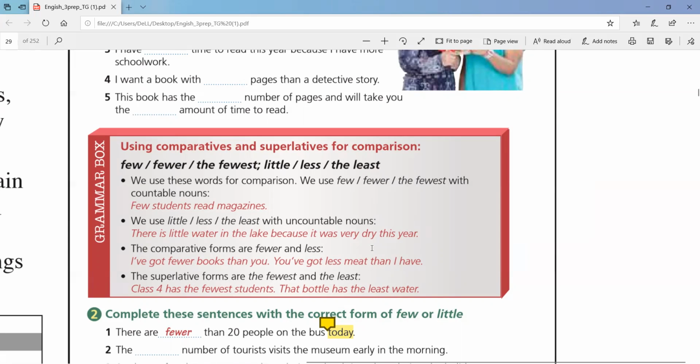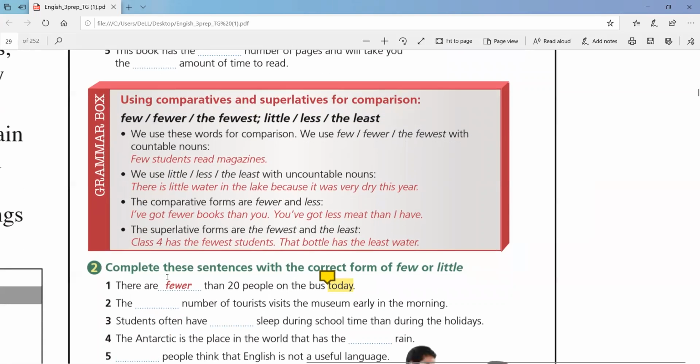And I told you before that uncountable nouns are the nouns that we don't add plural s at the end of. For example, butter, oil, milk, tea, juice, orange juice, apple juice, furniture, coffee. The comparative forms are fewer and less.